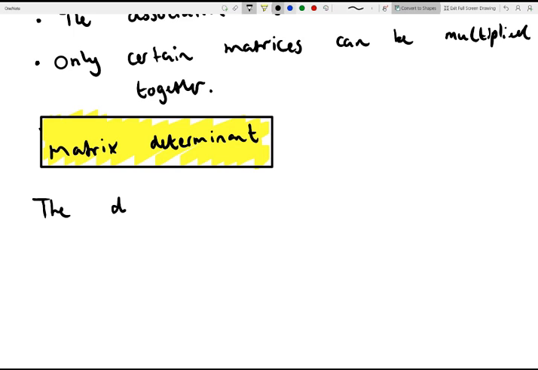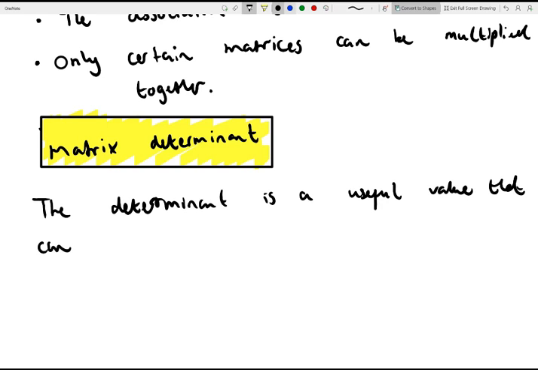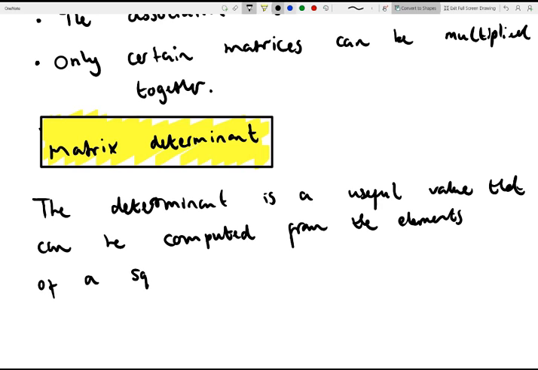Well, the determinant is a useful value that can be computed from the elements of a square matrix. And we'll see why it's useful later. And it's denoted by det of A.